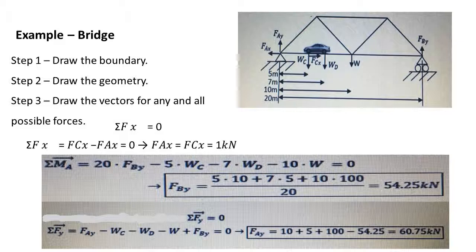So I have my total force in the x direction. I have the total moment at origin A, which equals 0, and from there I found that the total force in y direction at origin B is 54.25. Now we can use our final equation, which is the total force in the y direction equals 0.